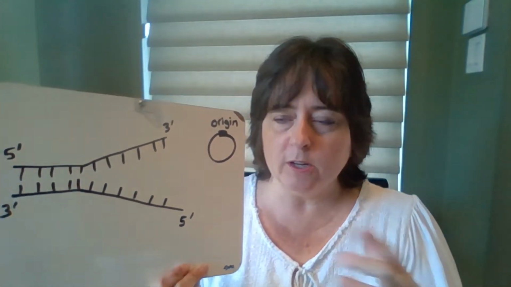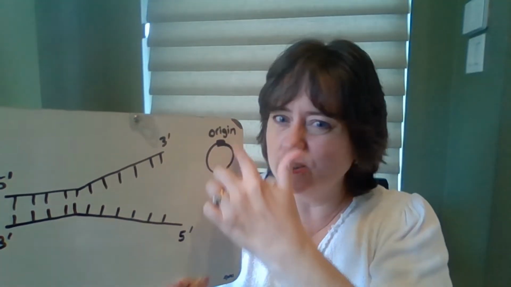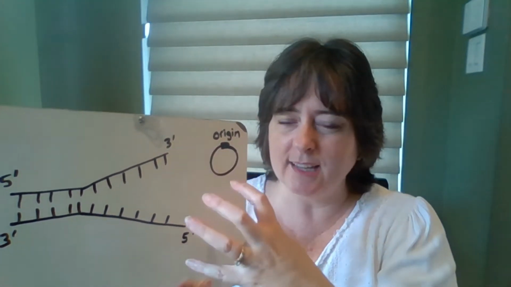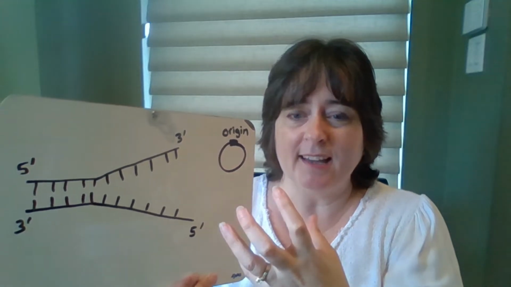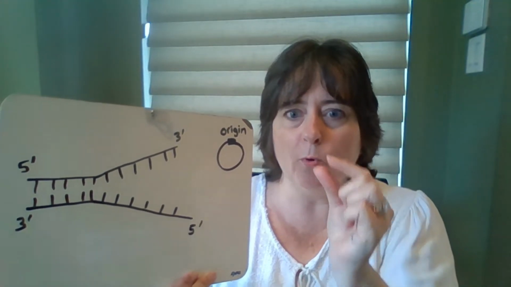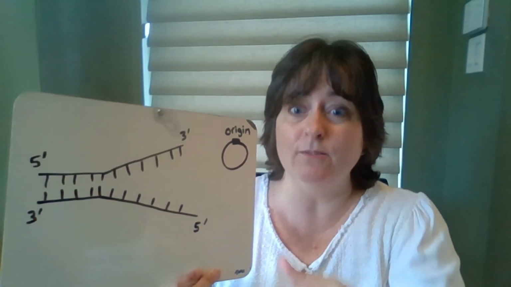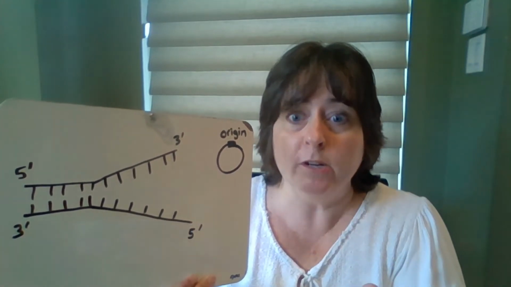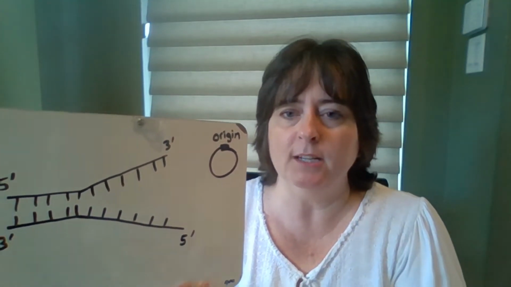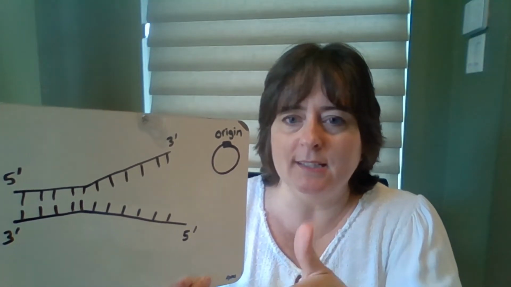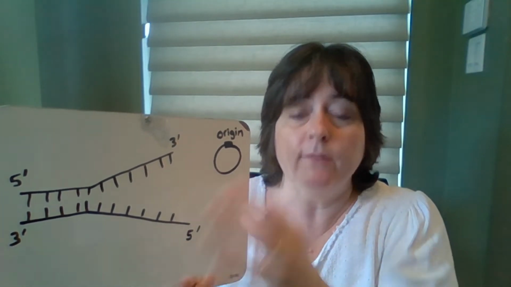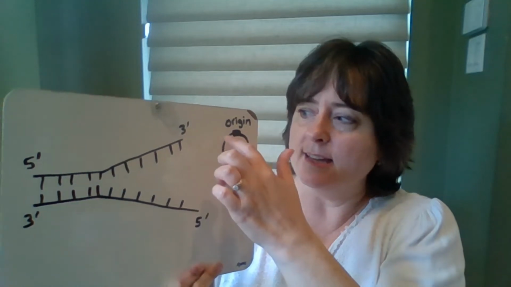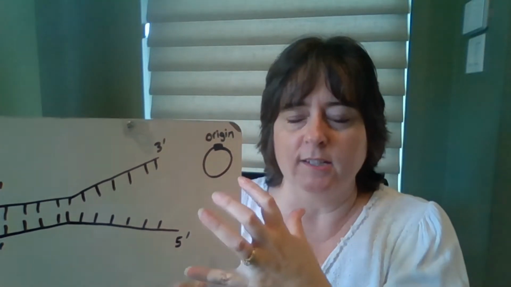Now, when I refer to origin, remember this is nucleic acid. It's a circle of nucleotides put together. So when I'm talking about an origin, I'm talking about a series of nucleotides in a specific order that spell out origin: start DNA replication here. G, G, A, C, C, T, T, G, G, C, whatever that sequence is, it spells origin, start here.